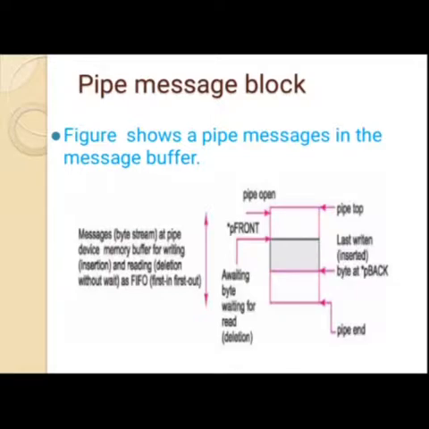The last written or last inserted byte is at P back. And what is P front? P front is the awaiting byte, the byte which is waiting for reading. That means this is similar to first in, first out. Whatever is stored first will be read first.